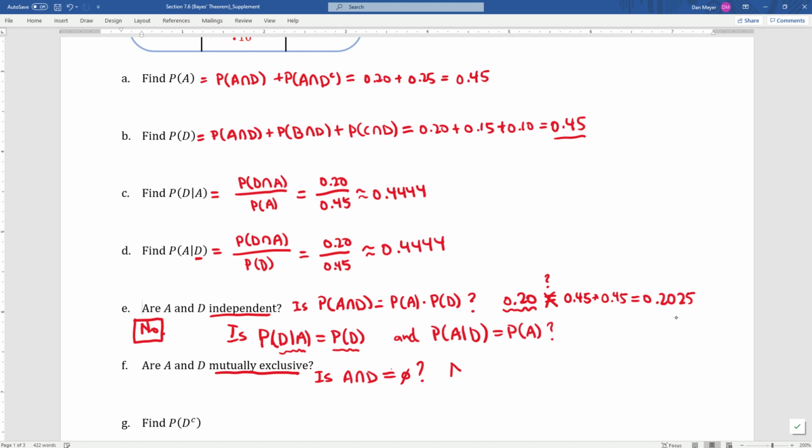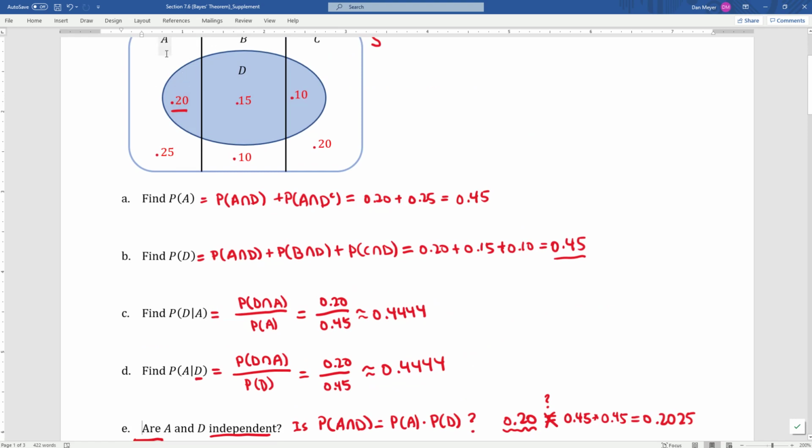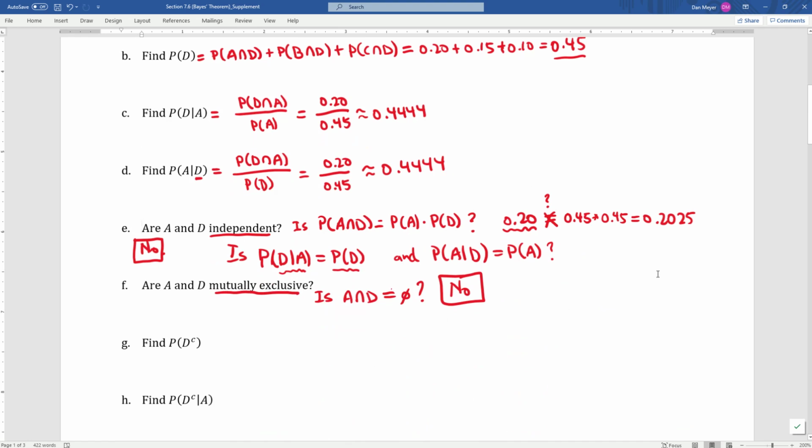So the answer here is also no. Actually, we can see from the Venn diagram that there is some overlap between the events A and D. So again, there can be some confusion about the distinction between independent events and mutually exclusive events. Make sure that you understand the difference.